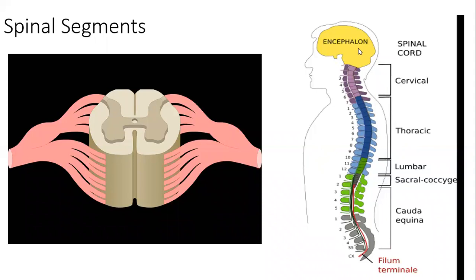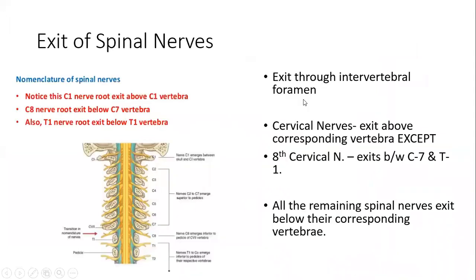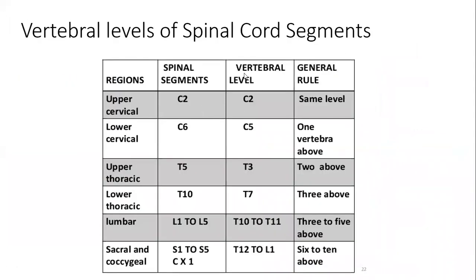Next, moving on to the vertebral levels of these spinal segments. Vertebral levels of the spinal cord segments. Now, what does it mean? Again, recall your knowledge from the last lecture. We studied that each spinal nerve arises from its own segment.